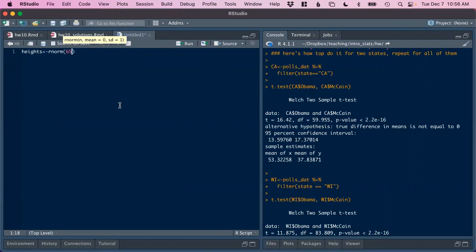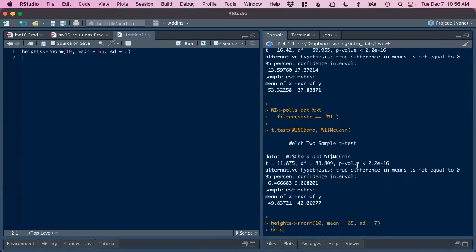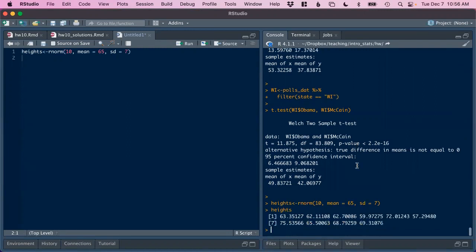We're going to draw 10 heights with a mean equal to 65 and a standard deviation of 7. So here are 10 random heights from Rutgers. These are 10 students.